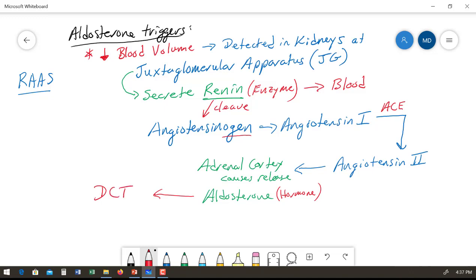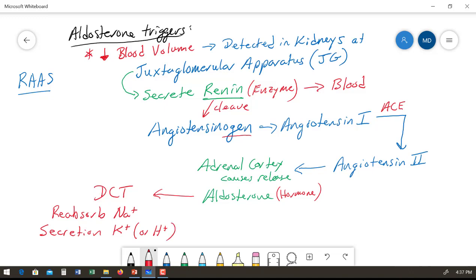And here, aldosterone triggers the cells of the distal convoluted tubule to reabsorb sodium in exchange for what we call the secretion of potassium, or under certain conditions it can instead use hydrogen.